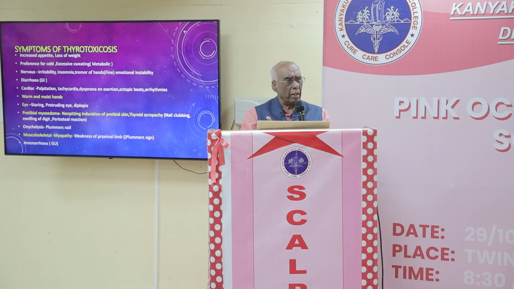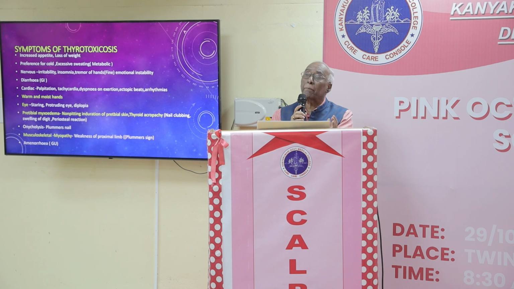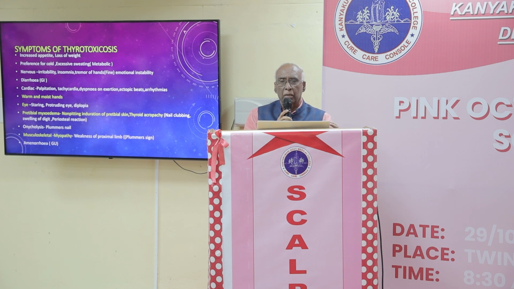And then maybe amenorrhea, maybe polymenorrhea, or sometimes even menorrhagia. Menorrhagia can also occur in thyroid toxicosis. Symptoms of hypothyroidism you should also know. The reversal: increased weight, lethargy, sleep, dullness. They will always be very slow moving.